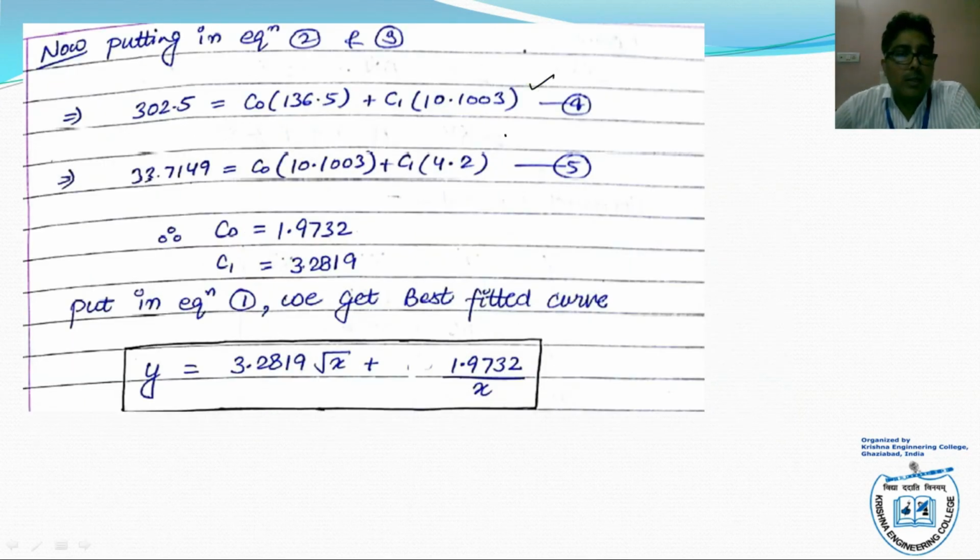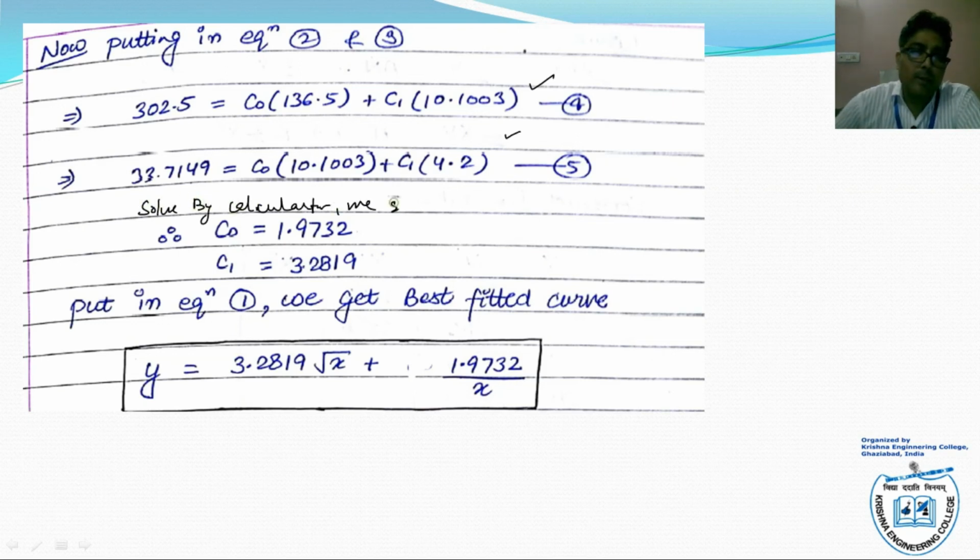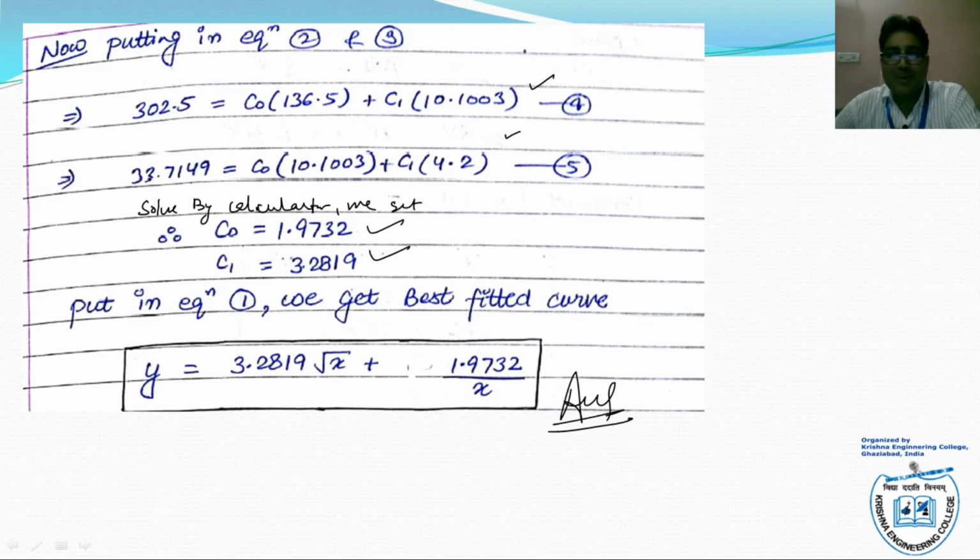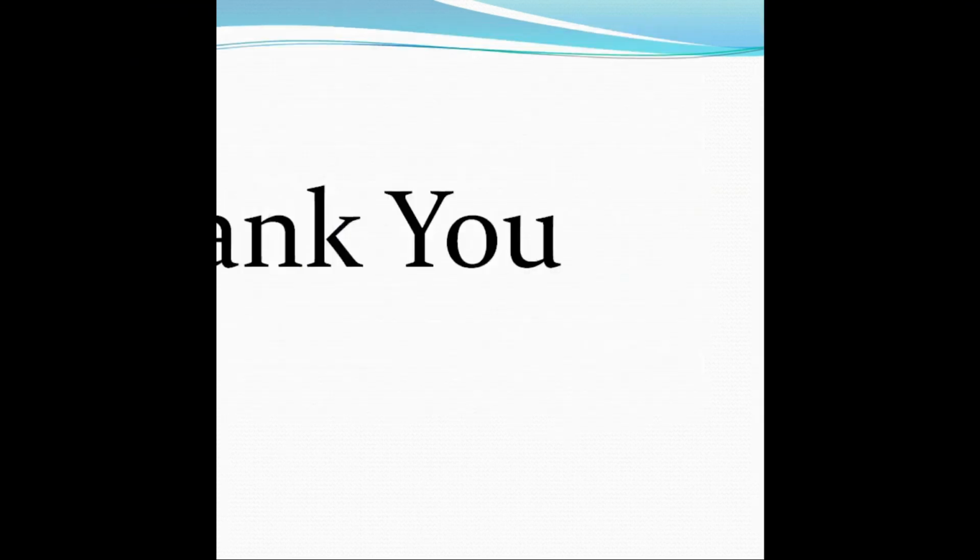So equations second and third become, solve by calculator. We get the values of c naught and c1. Put these values in equation first. We get the best fitted curve. This is the answer. I hope you understand very well these two problems. Okay, thank you.